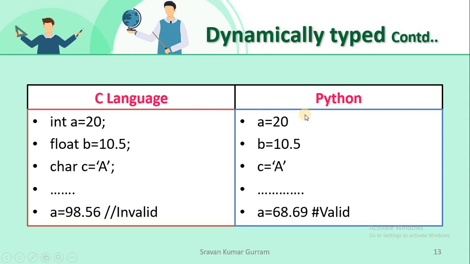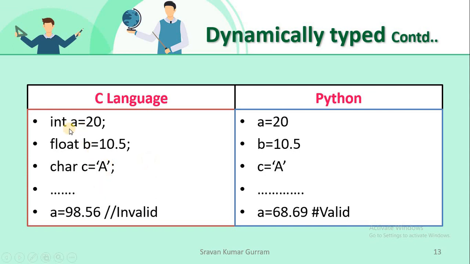But coming to Python, take the variable and assign the value directly. You need not specify the data type of that variable. Based on the value you are assigning to that variable, at runtime the data type of that variable will be decided. This is called a dynamically typed programming language.